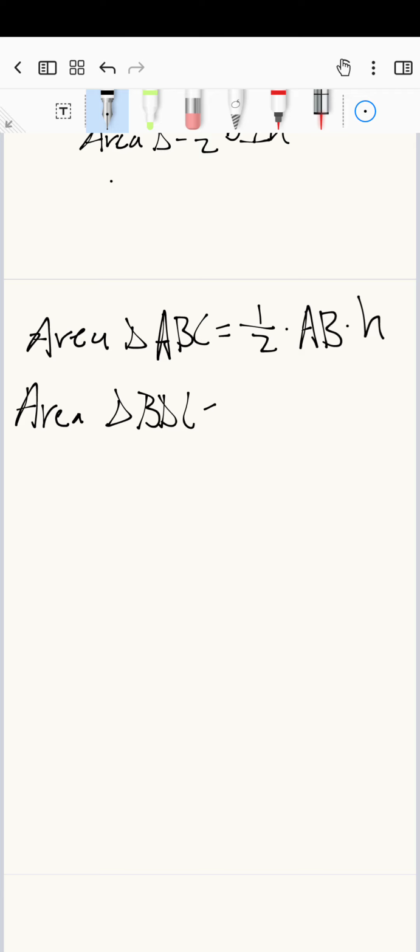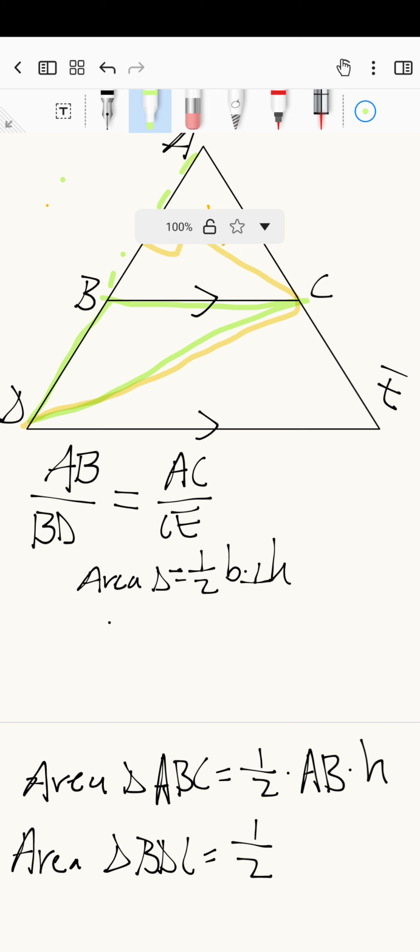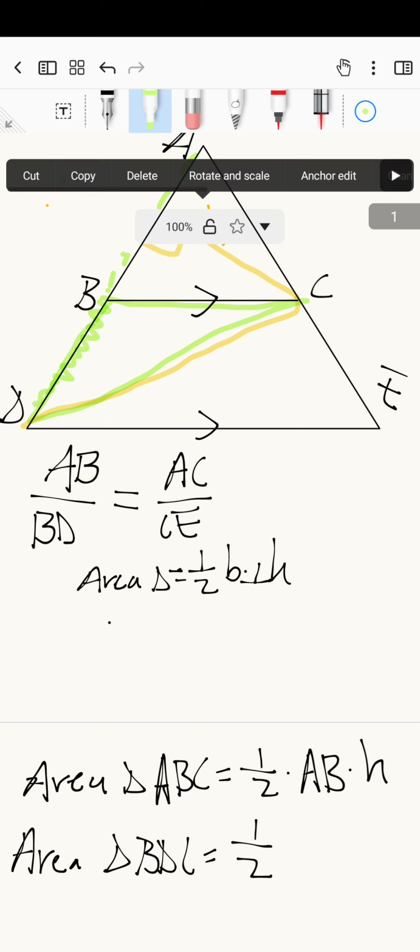The area of BDC is equal to half. Now my base, again, how do I decide the base? So if this is the triangle that I have, and we're saying that H is the perpendicular height of this triangle, then your base would be this line, which when extended creates your perpendicular height.